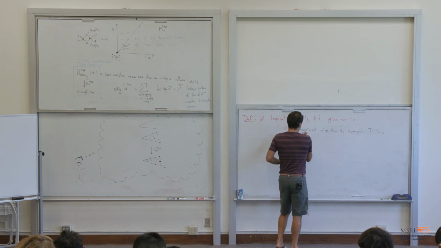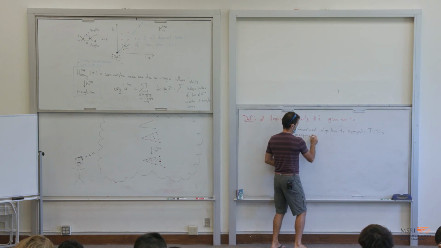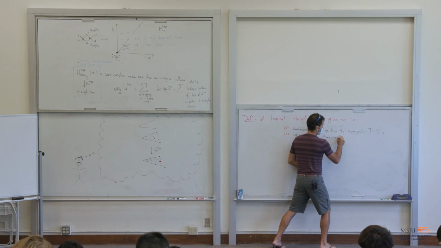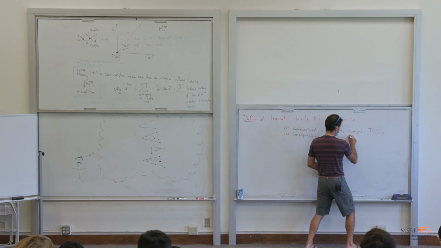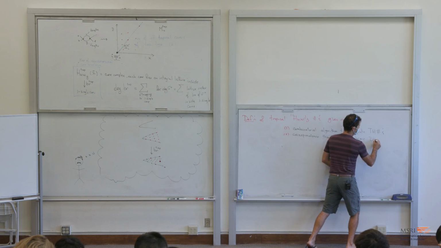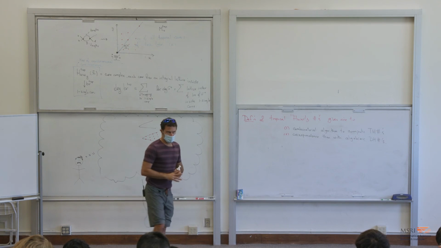And the second thing is it gives rise to a correspondence theorem with algebraic double Hurwitz numbers. Okay, so these are sort of two desirable things, right?